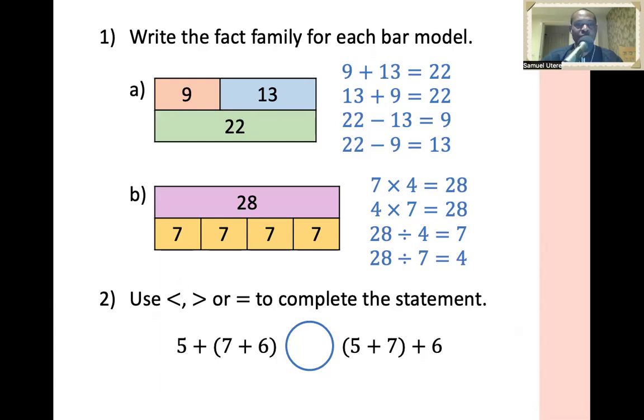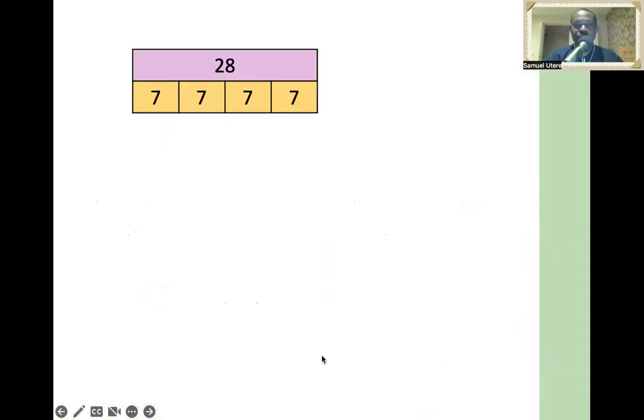Now, we're asked for the last question to use the less than symbol, the greater than symbol, or the equal sign to complete the statement. They are actually equal. Now, we're going to learn something interesting about this in this lesson. Let's carry on.